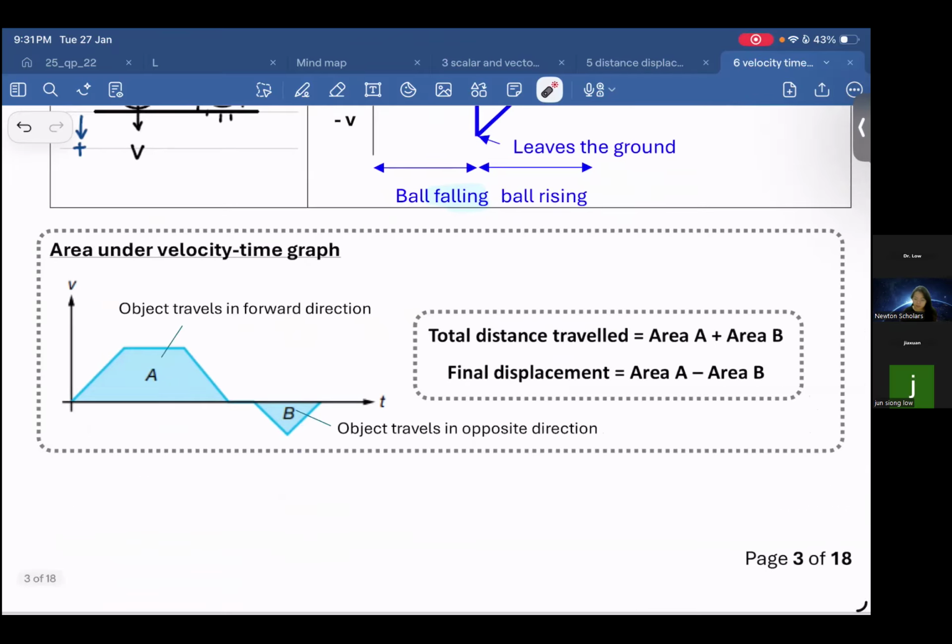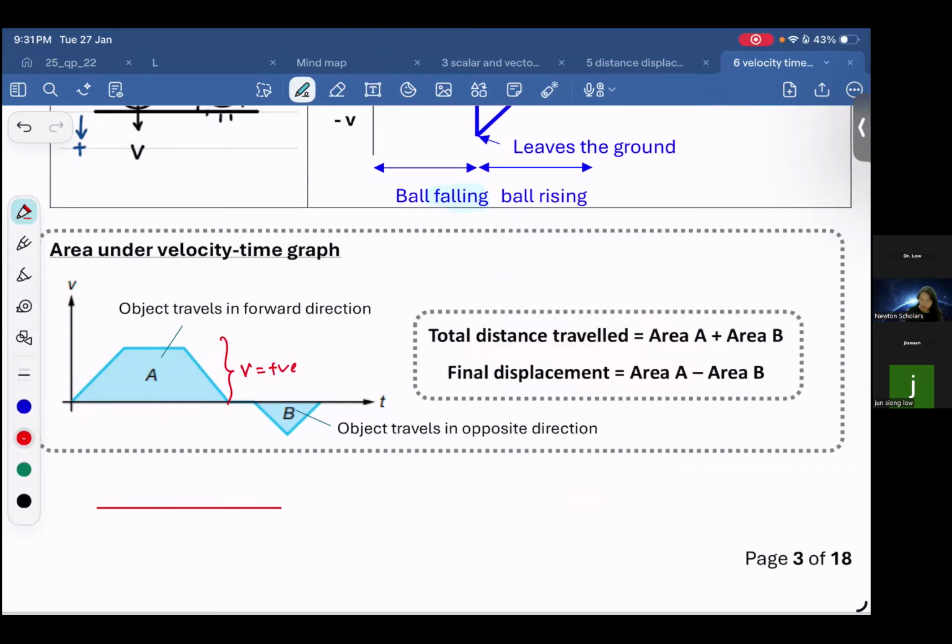area under the velocity-time graph. Okay, for this part, if they want you to find distance, actually it's very easy. You just find the area, the distance traveled by this part, area A. This is the object moving forward because here the velocity is positive, so it's moving forward.